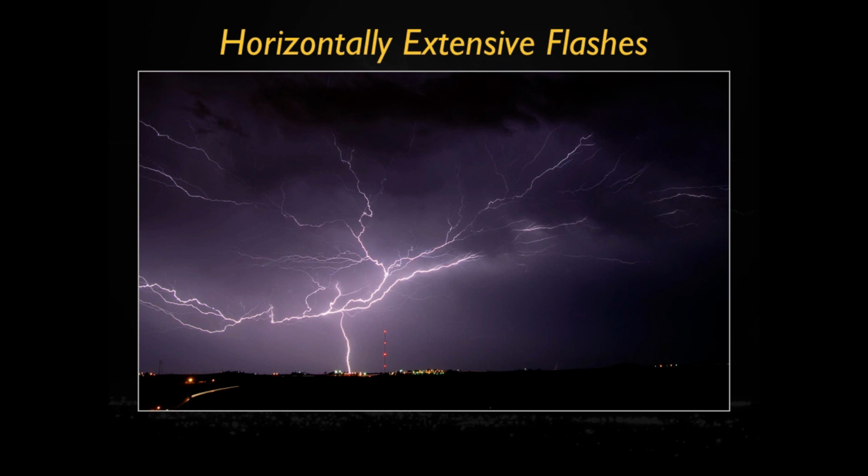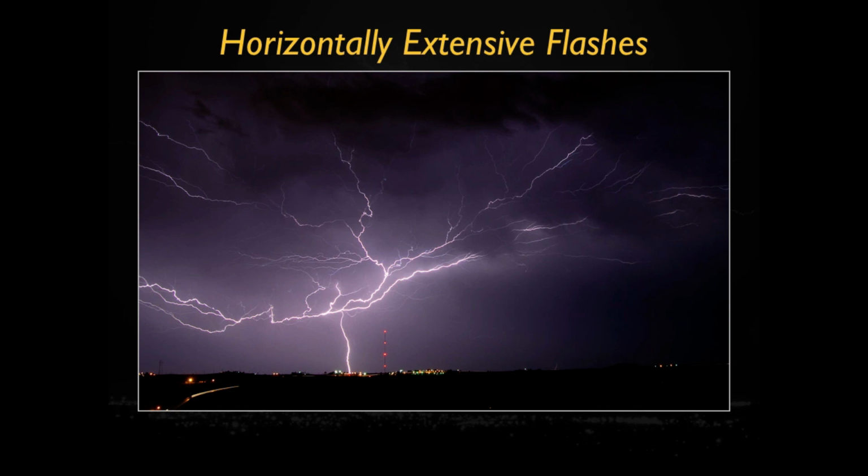A lot of times we'll start seeing these very horizontally extensive flashes associated with the decay of these types of systems. We also see them with mature mesoscale convective systems in which we have a leading convective line or convective area followed by a trailing stratiform precipitation area.